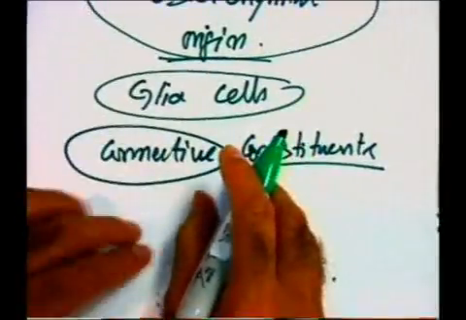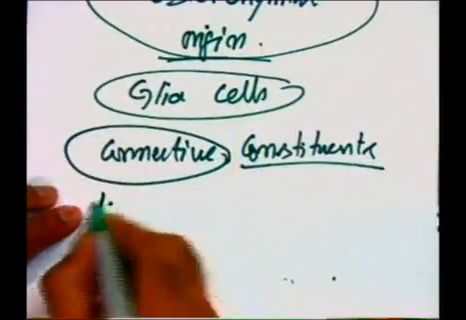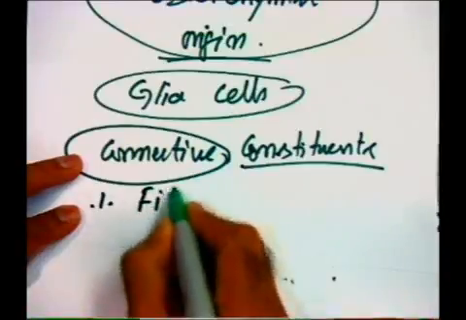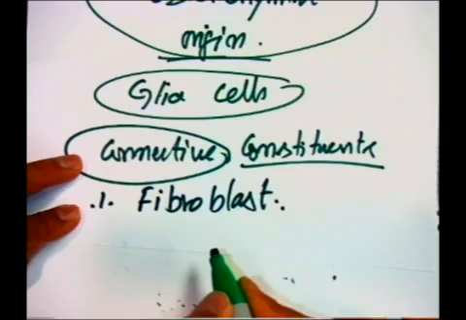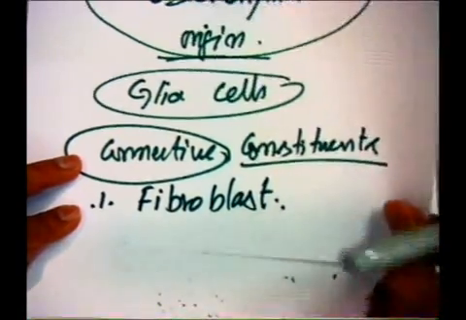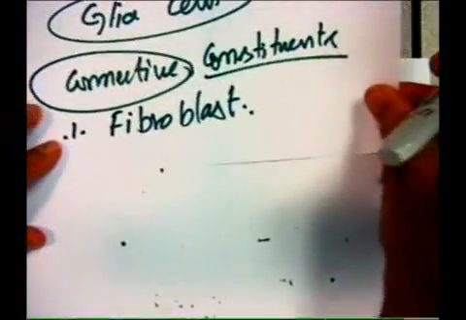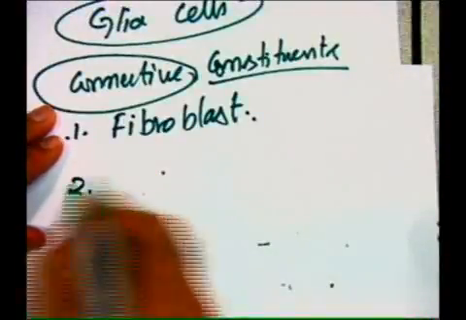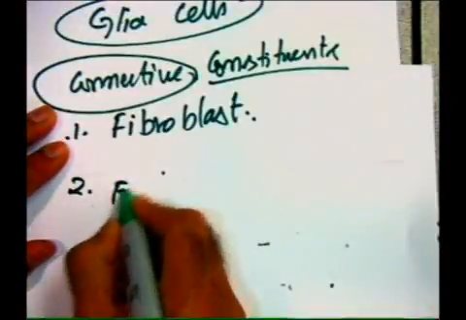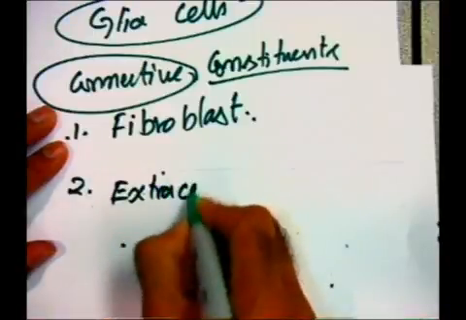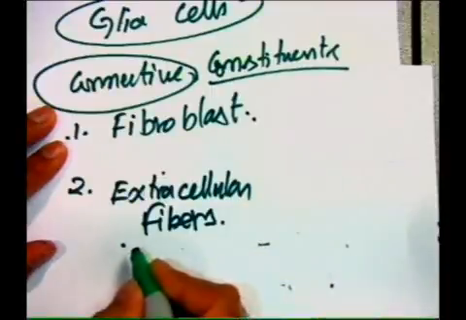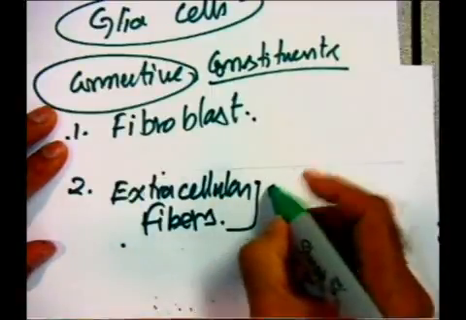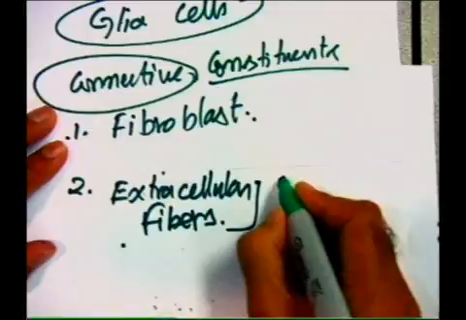They are, mostly fibroblasts. Number two, they are made up of extracellular fibers. And these extracellular fibers, what type of fibers do we have in our body?